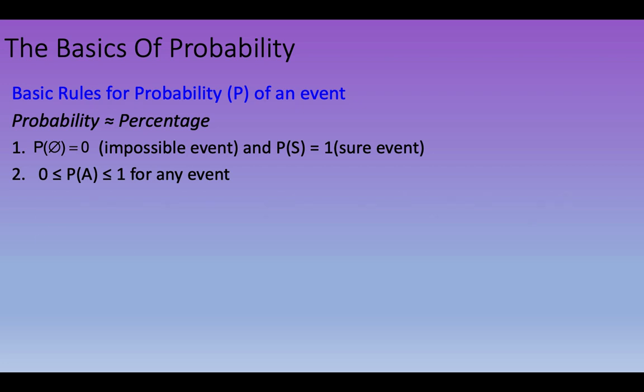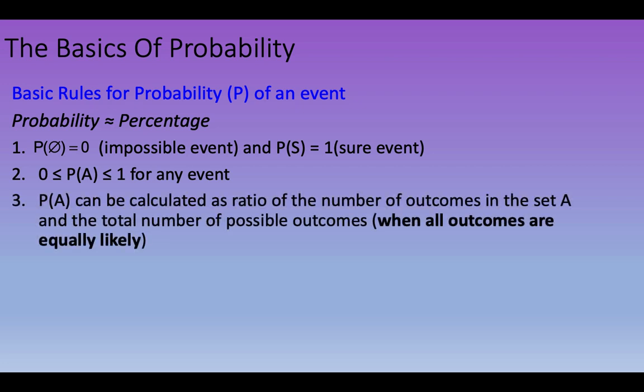Some other basic rules for probability are that the probability of an event can be calculated as the ratio of the number of outcomes, and we could call that, say, set A, the number of outcomes that occur, divided by the total number of possible outcomes, when all outcomes are equally likely.